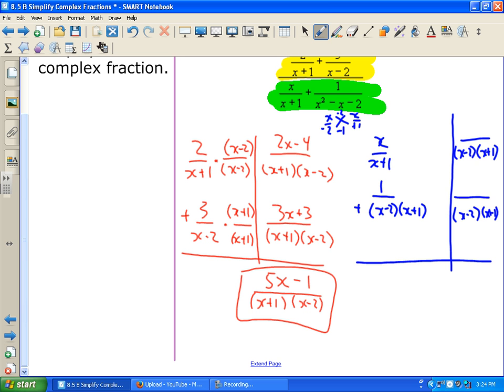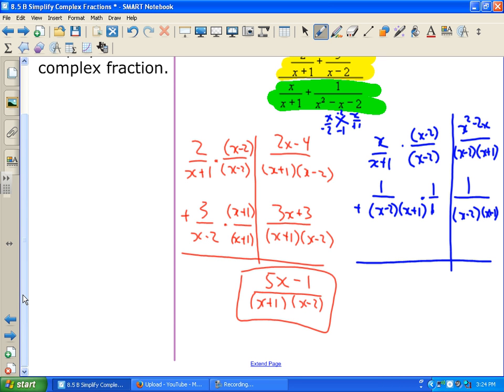On my top expression, I need to multiply by x minus 2. When I do that, that gives me x squared minus 2x. For my bottom expression, I have x minus 2 times x plus 1, so all I got to do is just multiply by 1 there. That's an easy one. 1 times 1 is 1. Okay?